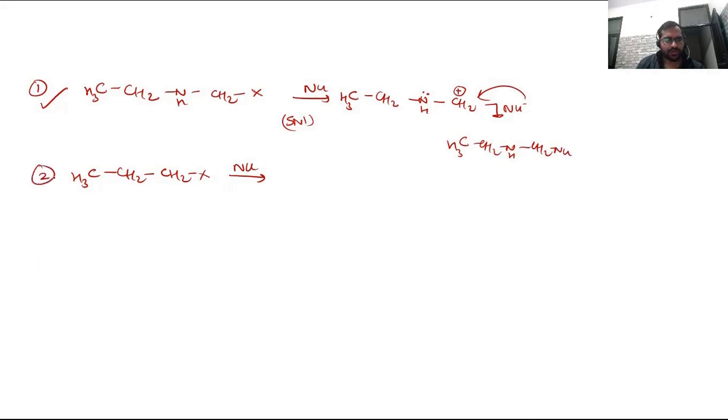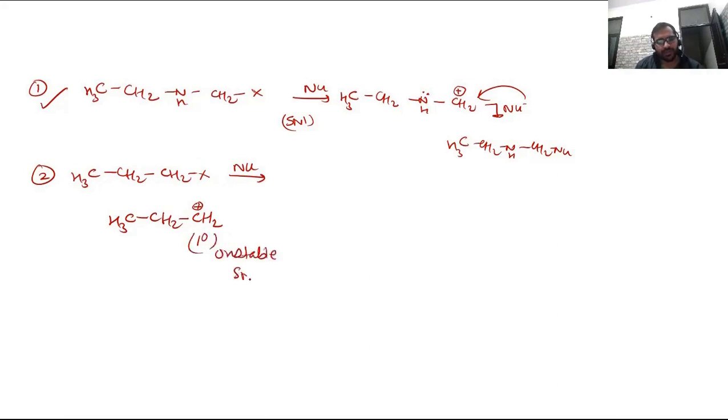Now if I talk about this reaction, if we think about the SN1 mechanism, there should be a possibility of formation of a carbocation. So let's see what carbocation is going to be formed here. The carbocation will be CH3, CH2 and CH2 plus. We can see this is a primary carbocation, and a primary carbocation is very unstable.